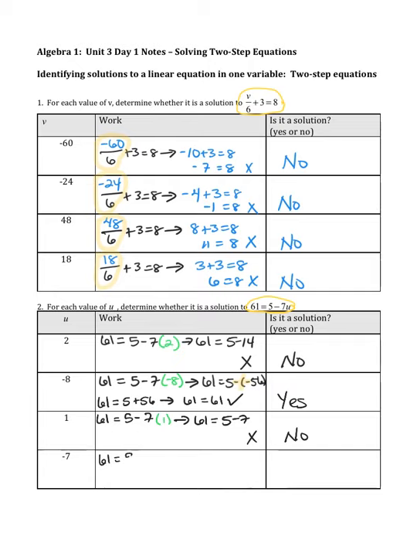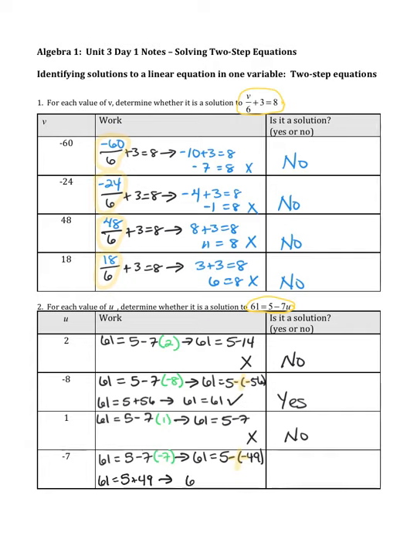61 equals 5 minus 7 times negative 7. 61 equals 5 minus negative 49. Same thing. Remember what I said about minus and negative turns it into a plus. 61 equals 5 plus 49.